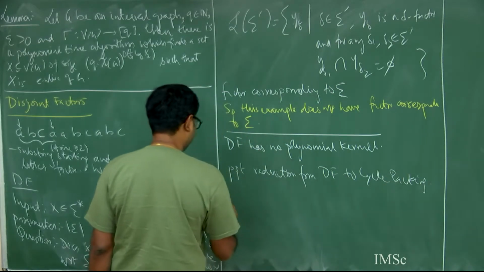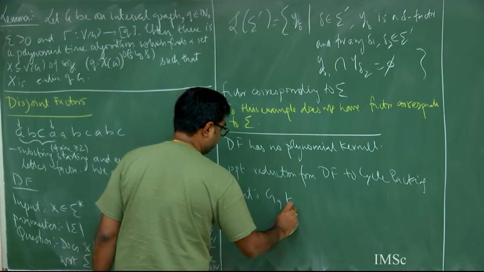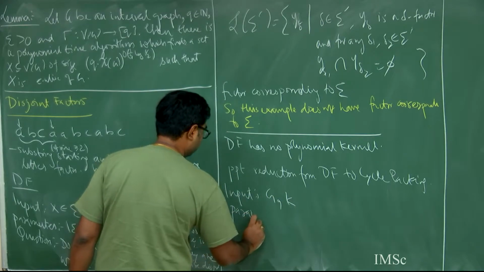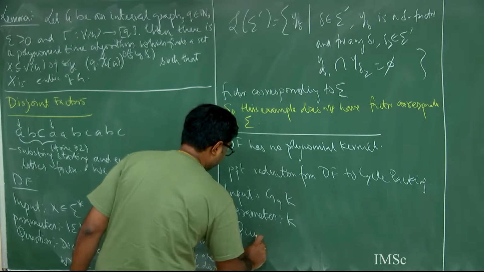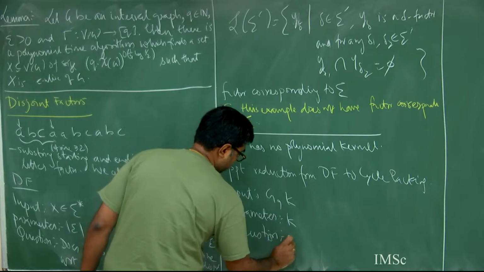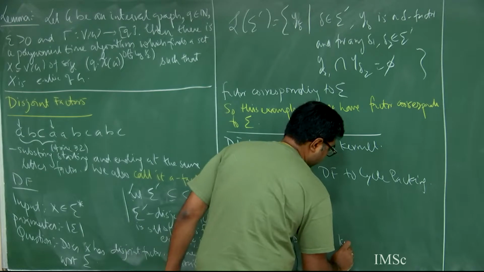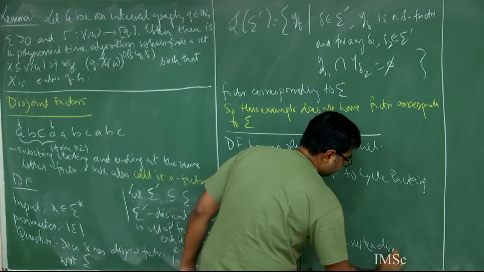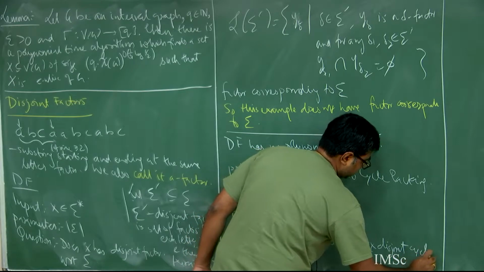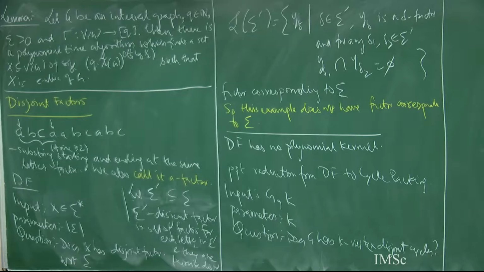The input is G comma k, the parameter is k, and the question is whether G has k vertex disjoint cycles.